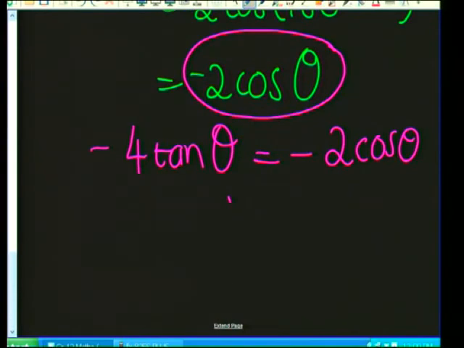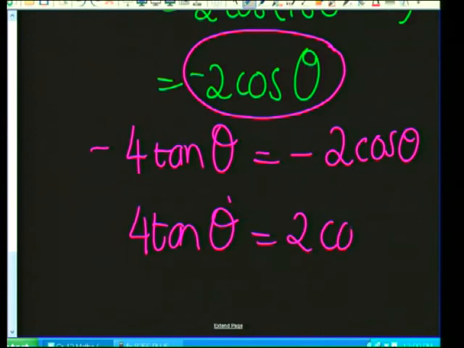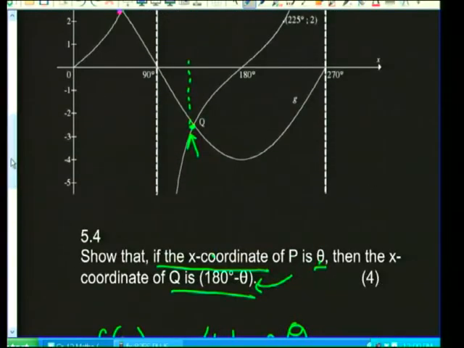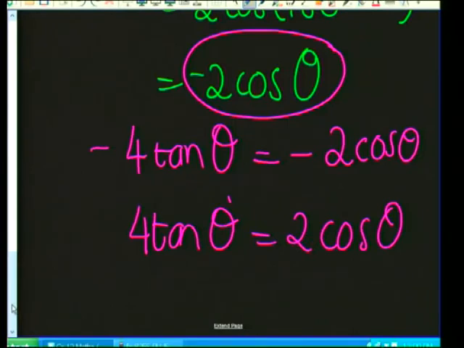If you then take the negatives on both sides, it will be 4 tan theta equal to 2 cos theta. But really, essentially, isn't that how we found P? Because we found P by making the graphs equal, right?